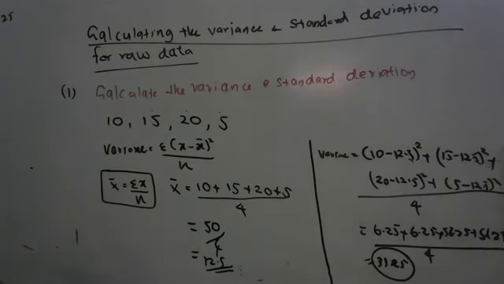Now you can easily calculate the standard deviation. SD equals the square root of 31.25, which is 5.59. That is the standard deviation.